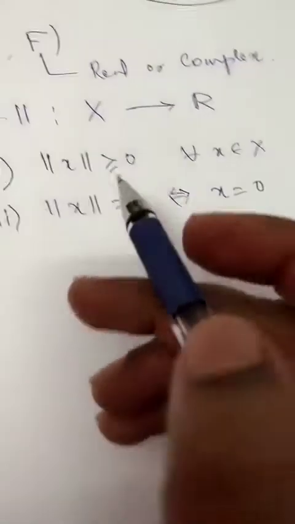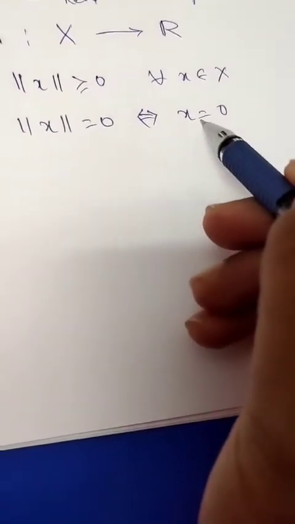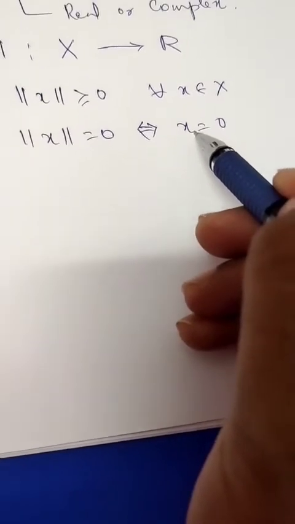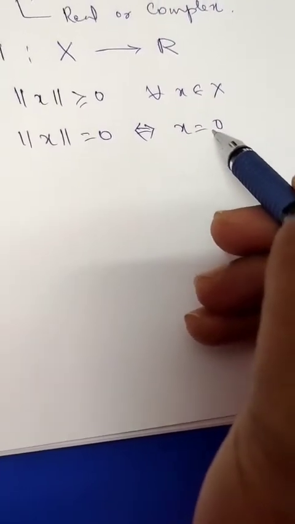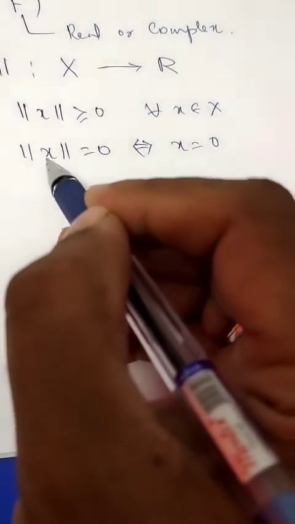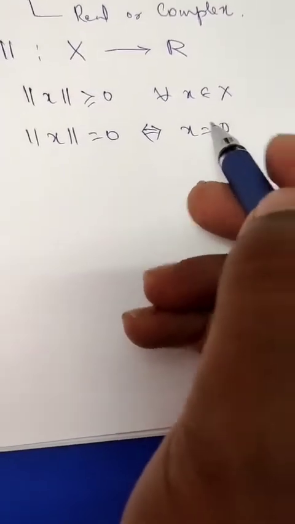That means for non-zero vectors the norm is non-zero, and norm of x equals 0 implies x is 0 itself.